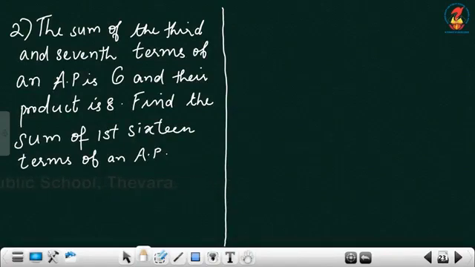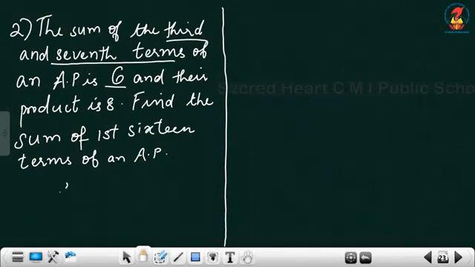Next question, second question. The sum of the third and seventh terms of an AP is 6 and their product is 8. Find the sum of first 16 terms of the AP. What is given is the sum of third and seventh terms is 6.